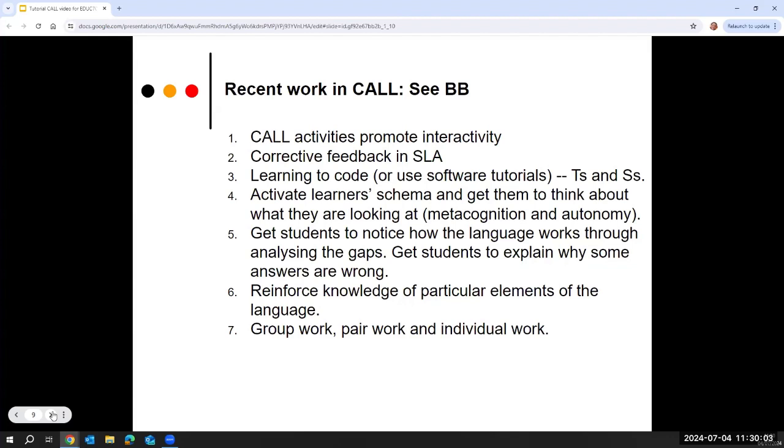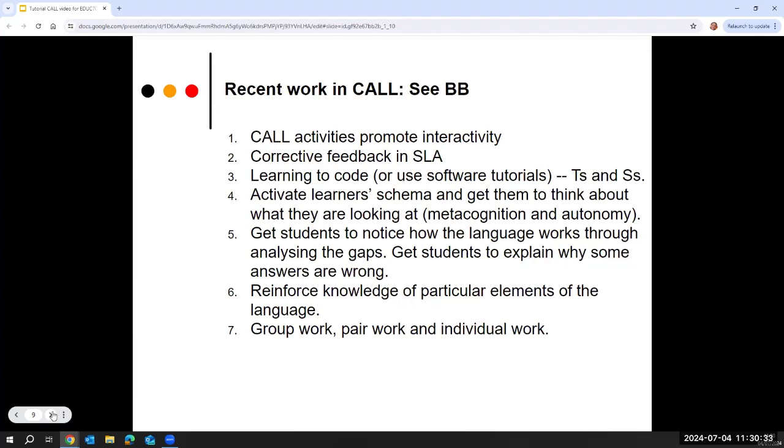So there are tools like Hot Potatoes, for instance, H5P, Quizlet, that, as tutors, if we want to involve students in the design of an activity, they could learn how to create these activities themselves. Not only coding, it also depends on the kind of learning and ICT skills that students and teachers have.